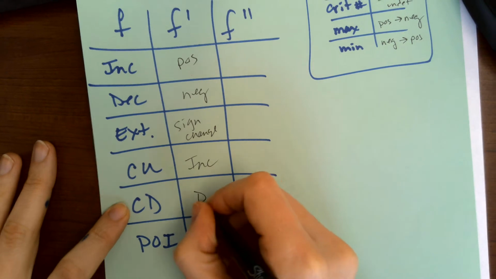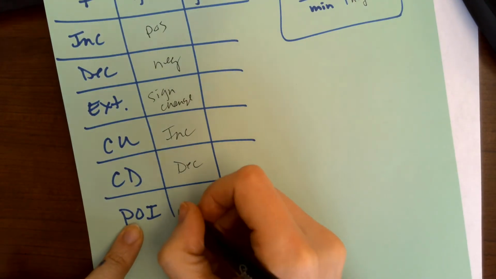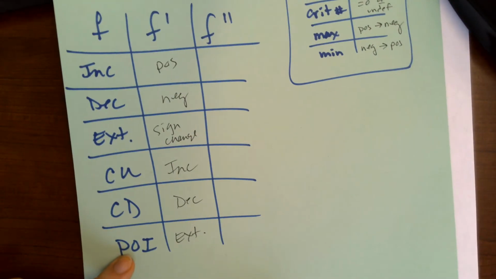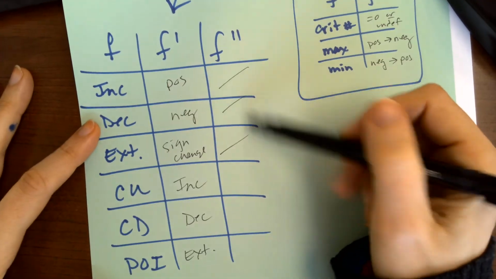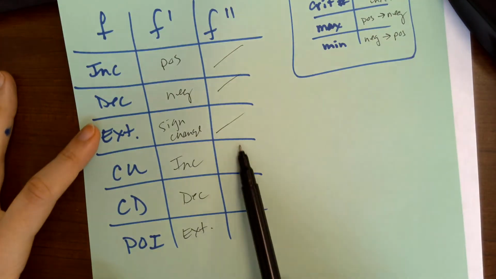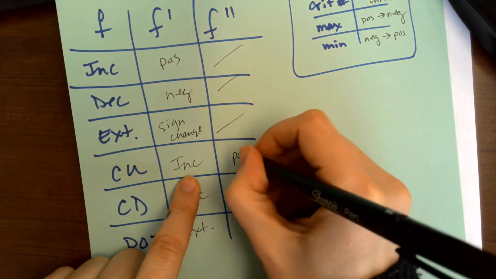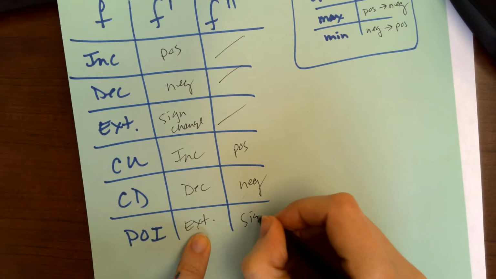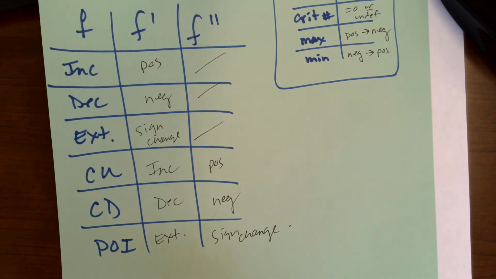F concave down, f prime is decreasing. A point of inflection on f would correspond to an extrema on f prime. Now for f double prime, these first three aren't relevant. But then these three: if f prime is increasing, f double prime is positive; decreasing, negative; extrema, sign change. Okay, so there's just a little review. We need to know all of that.